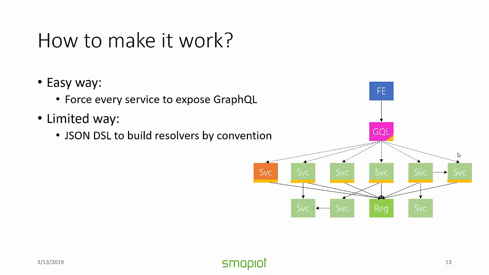Now, this is the limited way because, yes, first of all, we need to have something in our services, but second, the resolvers that can be constructed this way are limited. I mean, by convention at the end, they can be rather simple, so we would just make a skeleton of the request that we take, where we say this is the method, this is the URL, these are the parameters.